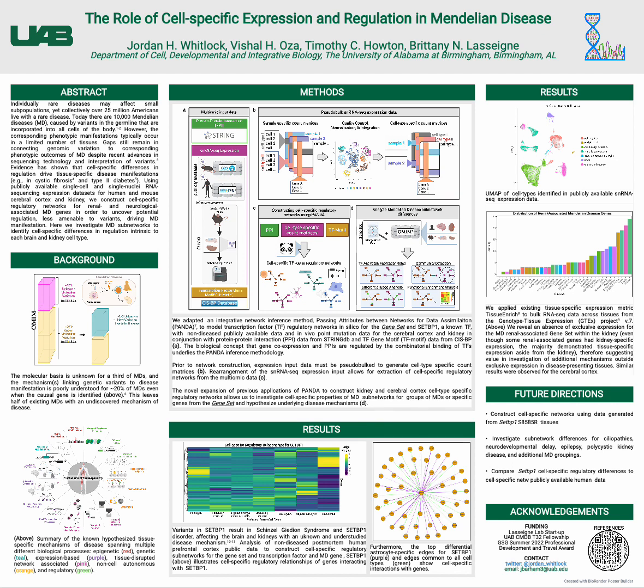PANDA stands for Passing Attributes Between Networks for Data Assimilation. And what this allows us to do is to take the different protein and motif and expression inputs and construct cell-specific regulatory networks showing relationships between transcription factors and genes, so that then we can analyze and compare the differences in these cell-specific networks across different gene sets of interest.